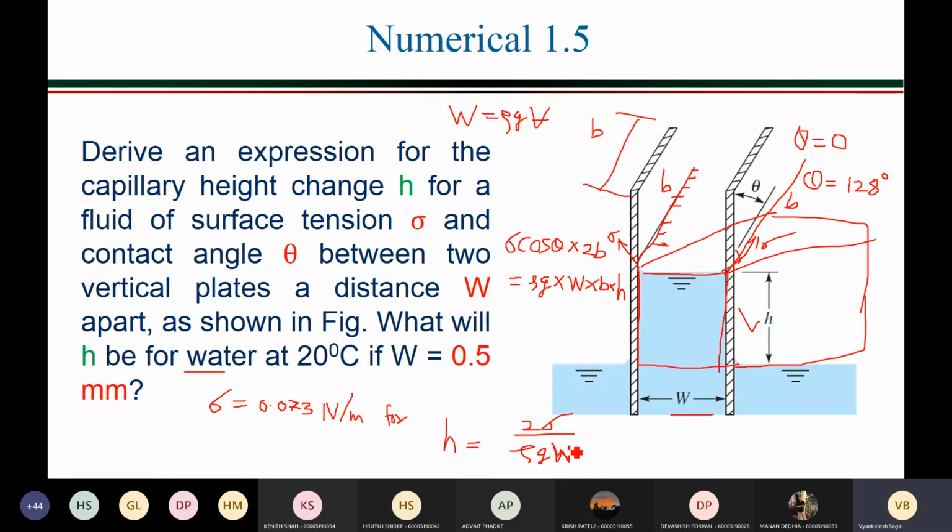B will get cancelled out throughout, or not? Hello? So H is 0.015 meter, is it?